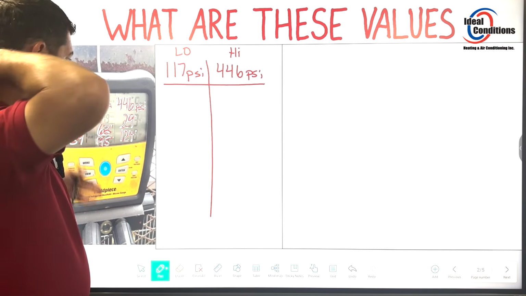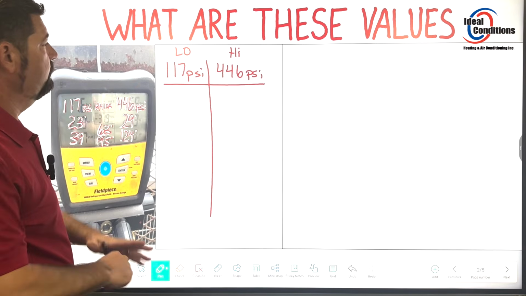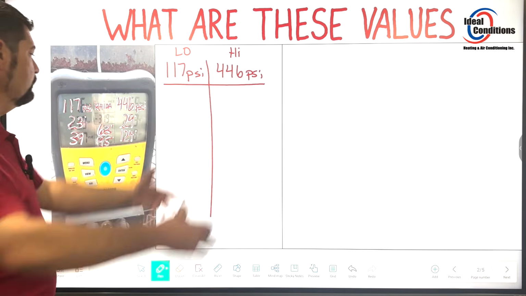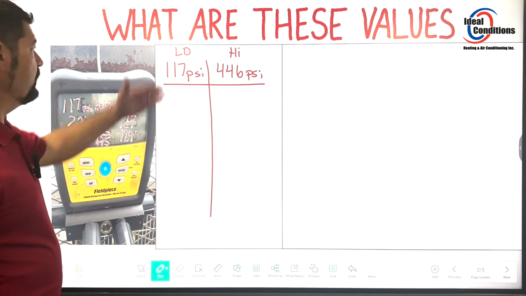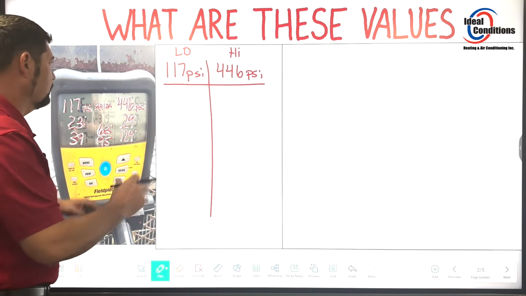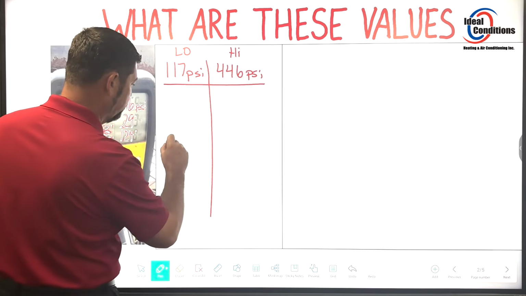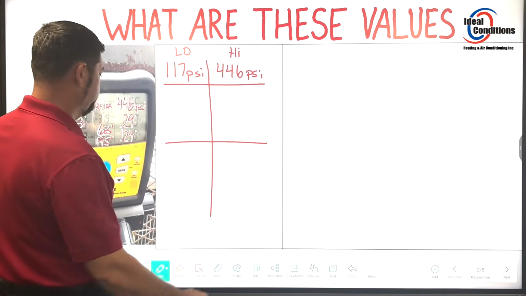I don't know. I haven't even gotten into it and looked at it yet. These pressures aren't enough information for me to give you the information I need. Even though a PT chart, oh, 117 and 446, that's great. What does that tell me as far as saturation?